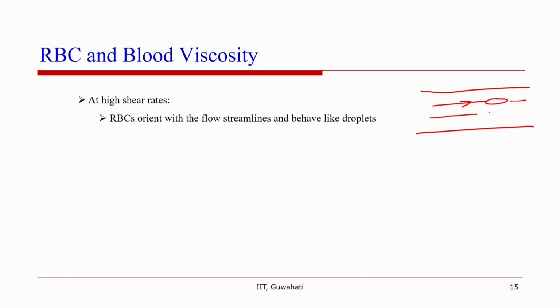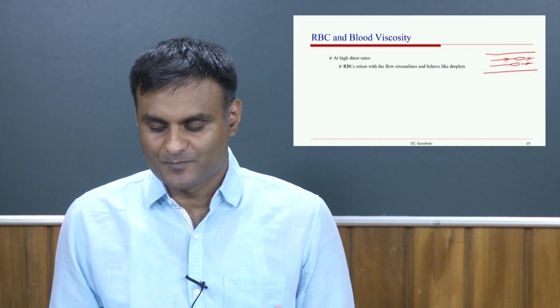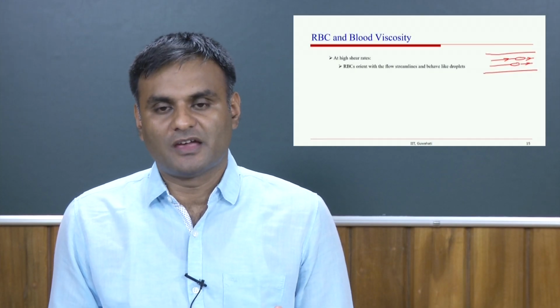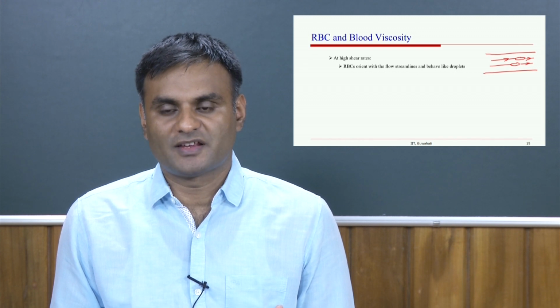So the larger dimension of the RBC is aligned with the flow, and the resistance to the flow is minimum. So the viscosity is lower, and further increase in shear rate does not affect the alignment of the RBCs. When they are aligned with the flow, they offer the minimum resistance to the flow, and with the increase in shear rate there is no further change in the alignment.